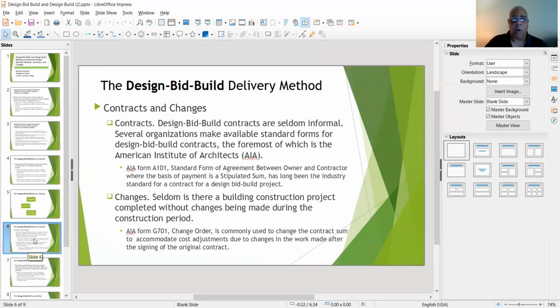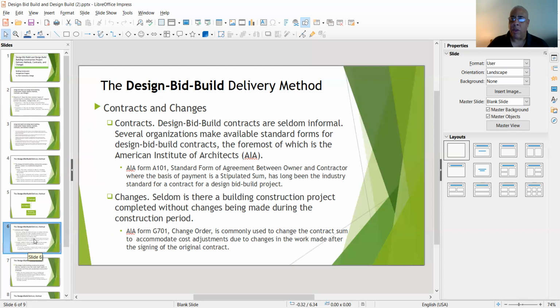That is the standard form of agreement between owner and contractor, where the basis of payment is a stipulated sum, and it has long been the industry standard for a contract for a design bid build project. And of course, the changes. Seldom is there a building construction project without changes made during the construction period.